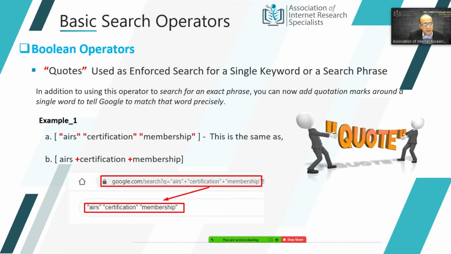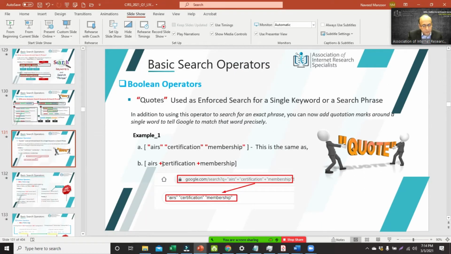On the other hand, if you have something which is out of the quotation marks, like supposing aid certification and membership are outside of quotations, don't assume the plus sign yet, which is what is showing in example 1b. Let me just get rid of it for a little bit. Let's just say that it is three words without quotation marks.